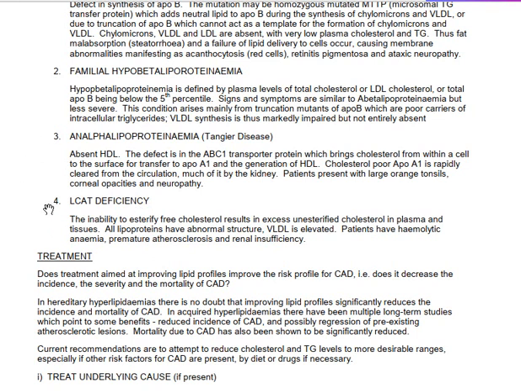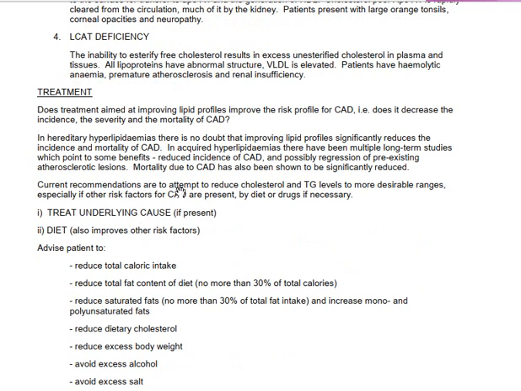In lecithin cholesterol acyltransferase deficiency, you don't have the transfer of cholesterol esters from one lipoprotein to another. Since it cannot transfer cholesterol esters, you are not going to have enough cholesterol in blood.